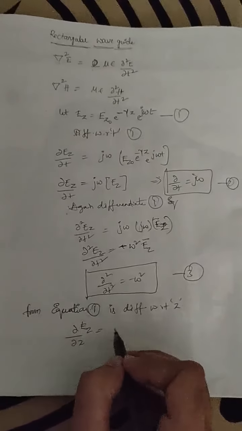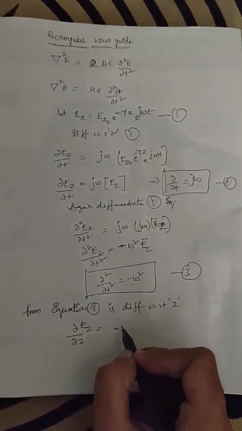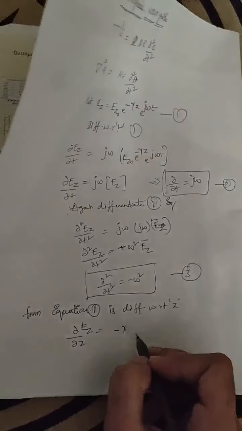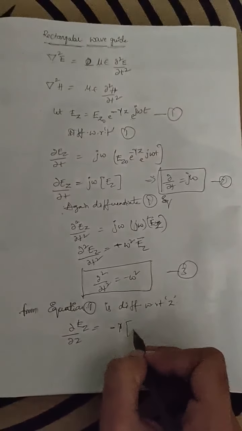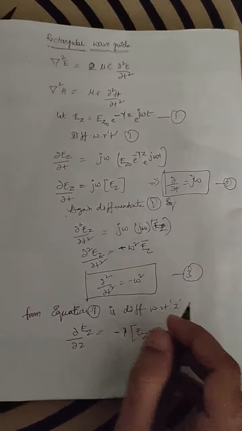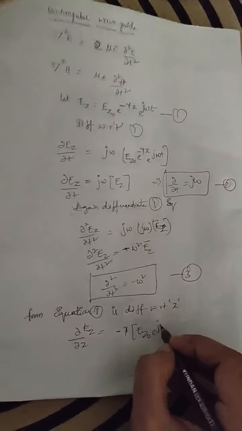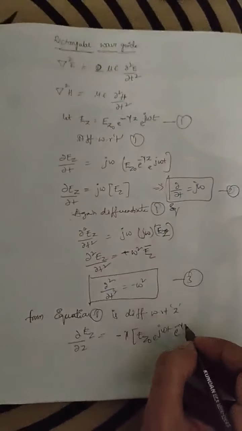So dou Ez by dou z gives minus gamma Ez naught e to the power of j omega t e to the power of minus gamma z.